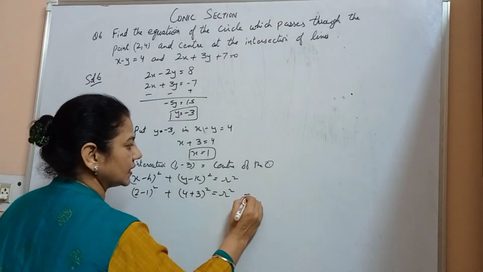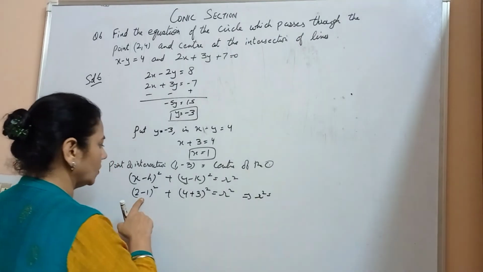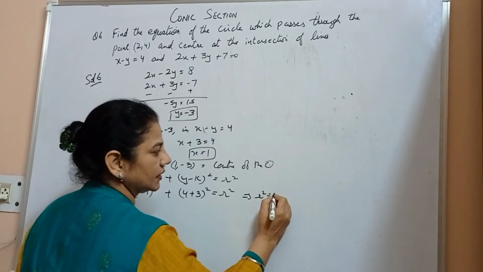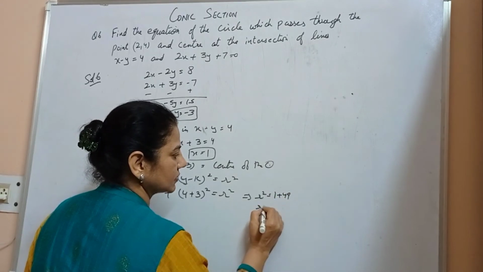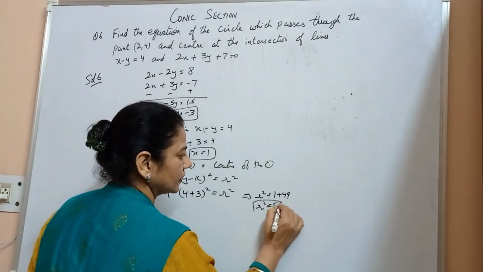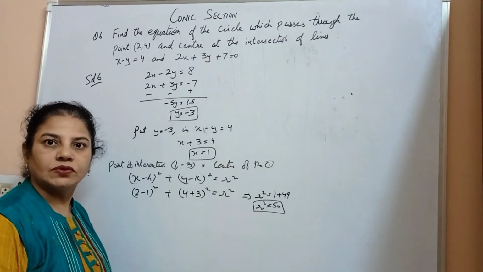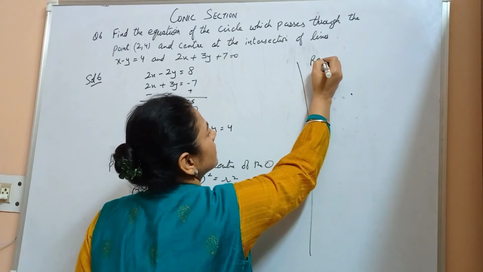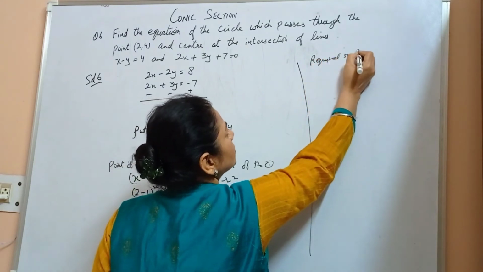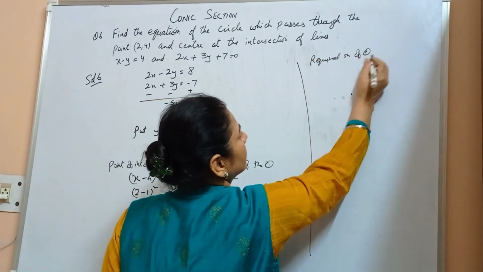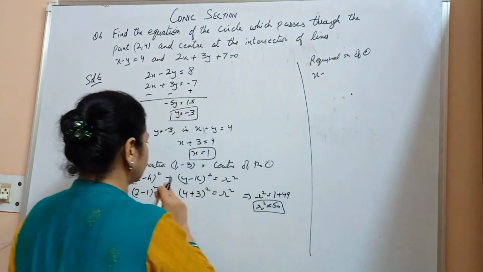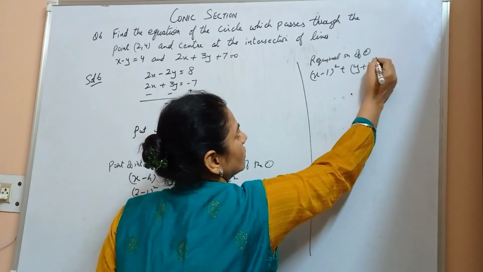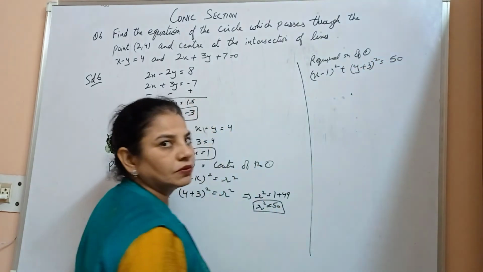From here we get the radius as r square is equal to 1 plus 4 plus 3, that is 7. 7 square is 49. 1 plus 49, r square is equal to 50. So I say that the required equation of a circle is given as x minus 1 whole square plus y plus 3 whole square is equal to r square, which is equal to 50.